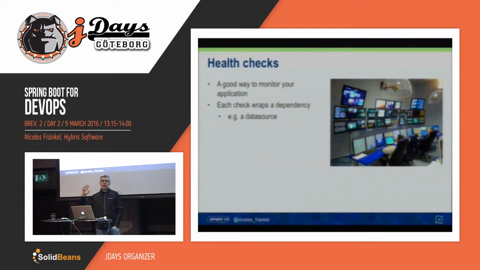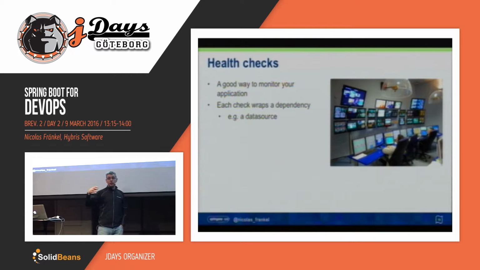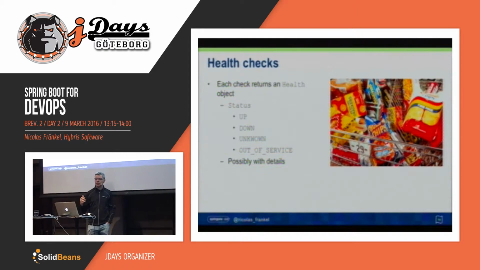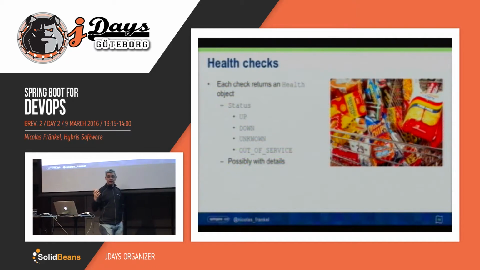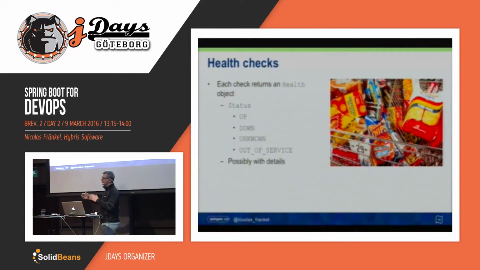So you would have a health check wrapping each of your dependencies, and each check returns a health object. Those health objects have a status, up and down, and you have more, but let's say just up and down are enough. You might also want to provide details.